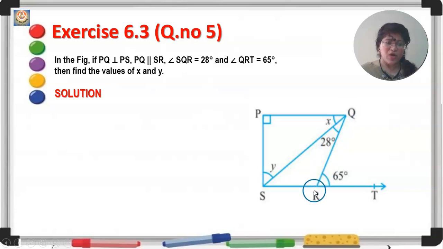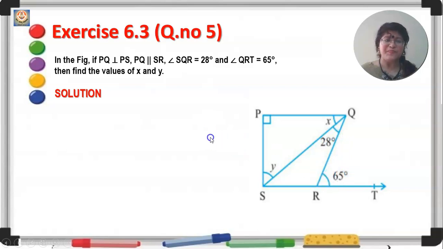When you take QR as the transversal, you get Z-shape angles. So it goes like this, PQR and QRT. These two angles, that is angle Q, the whole of it, and this angle QRT will be congruent. When you solve it, you get X plus 28 equal to 65 degree.